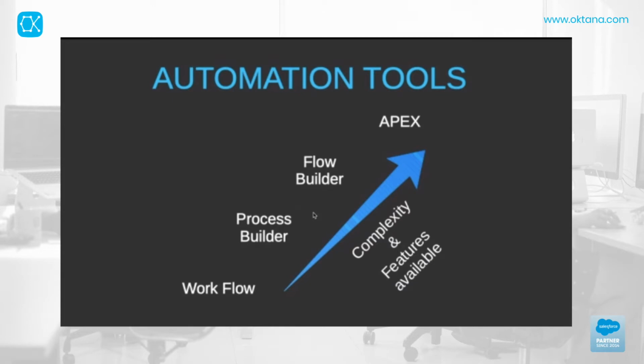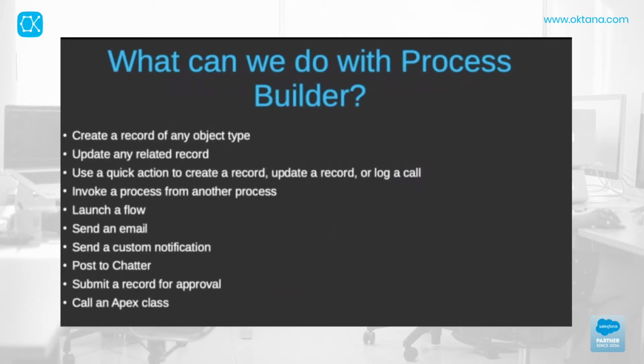Well, what we can do with process builder, we can create objects of any types, update any related record, and that's not only with the parent record. For example, we can update contacts that are related with accounts, and it's not a parent-child relationship.